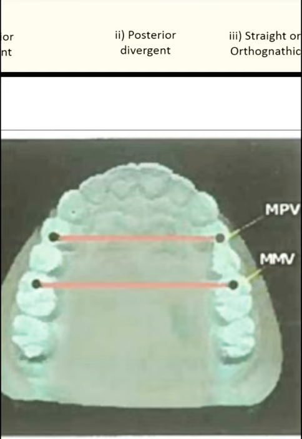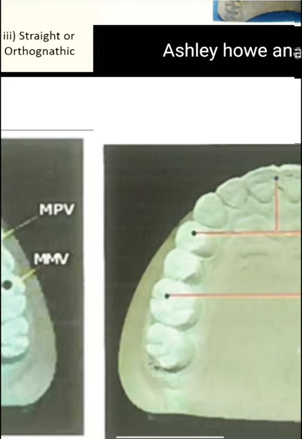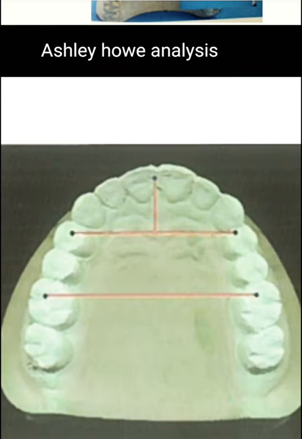and then we determine the calculated premolar value. It is calculated by SI, that is sum of the incisors, divided by 80 into 100.